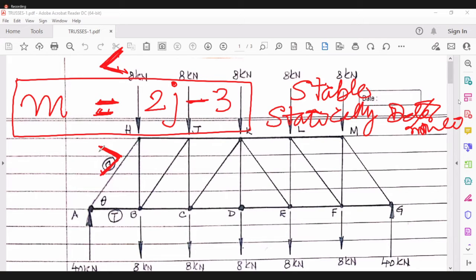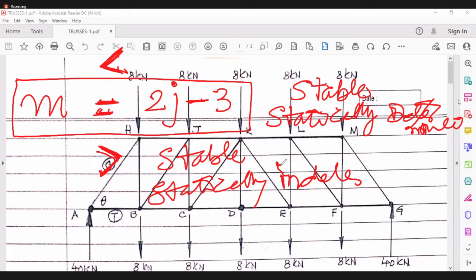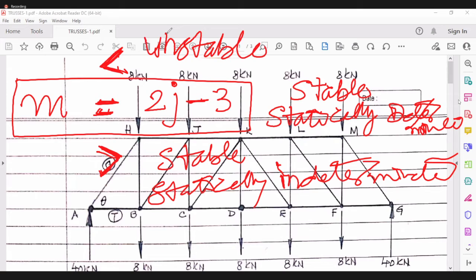If it is greater than 2J minus 3, then it is stable and statically indeterminate. And if it is less, then it is unstable.